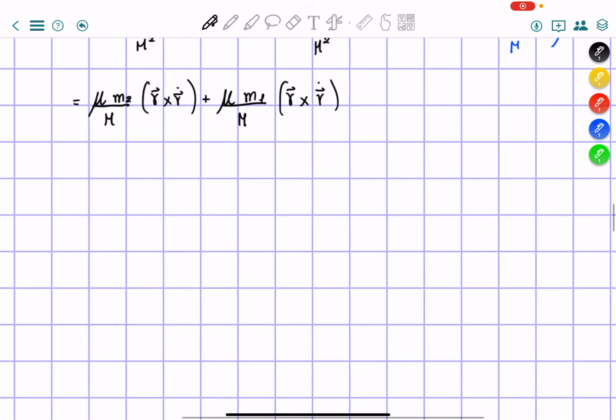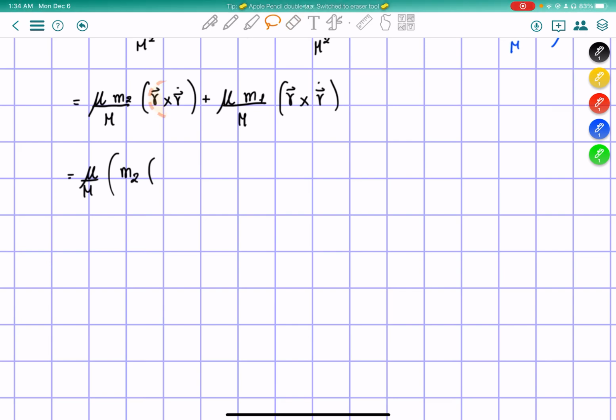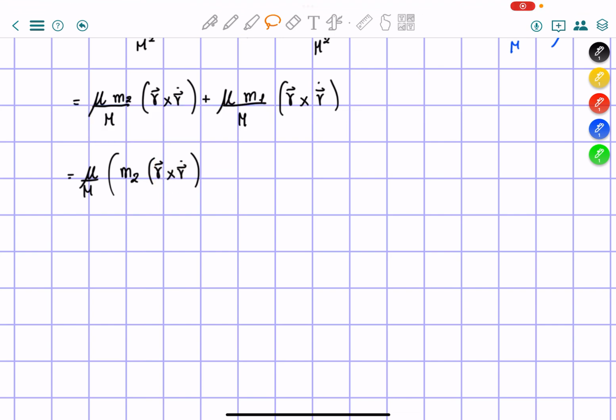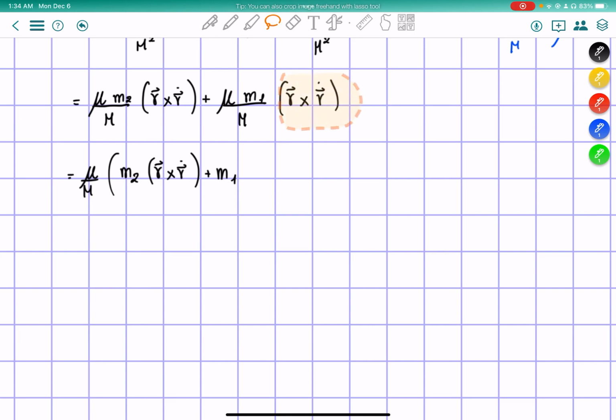Okay, so we can take what's in common. I want to take, for example, the reduced mass over capital M, times M2 cross product with r. Actually, let me copy from here, it's going to be faster. Plus, in that case, M1, and then the same thing again.